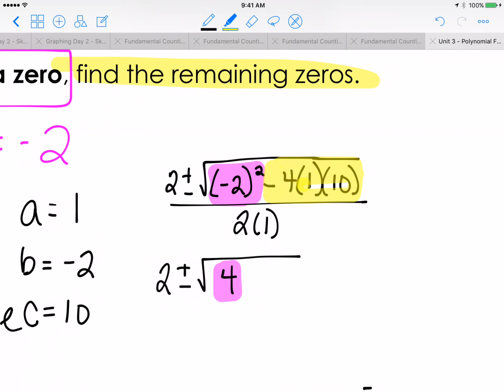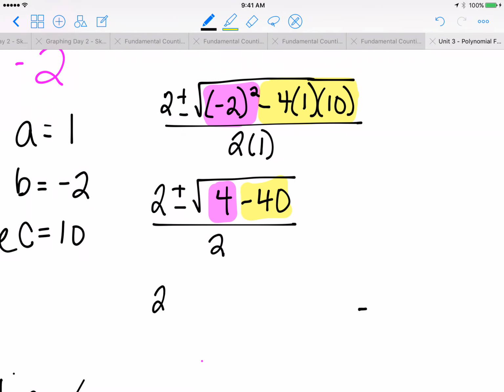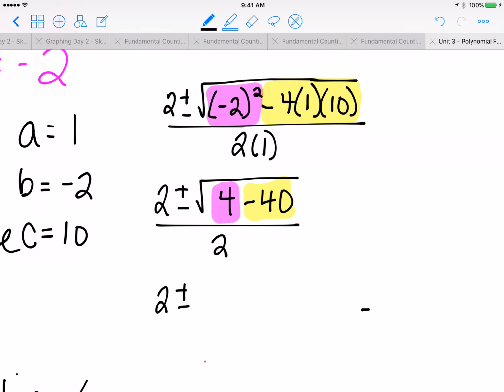You have a negative 4 times 1 times 10, which is going to give you a negative 40. All over 2. So now we have 2 plus or minus the square root of, well, 4 minus 40 should give us a negative 36, all over 2.